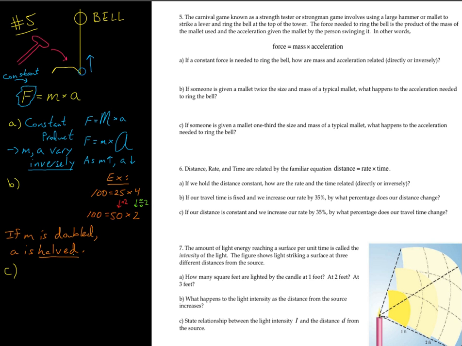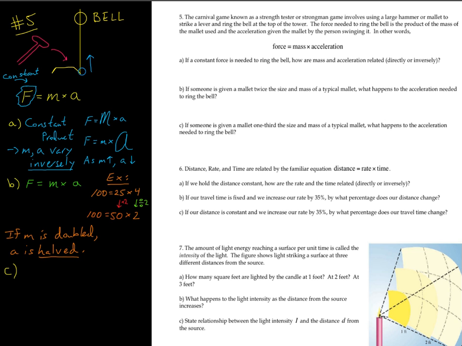But before we move on to C, I do want to explain something real quickly that will help us in a problem like part C, and we'll also see the same thing in problem 6. Another slightly different way to see this is to go back to just this relationship F equals ma. Okay, so m times a.